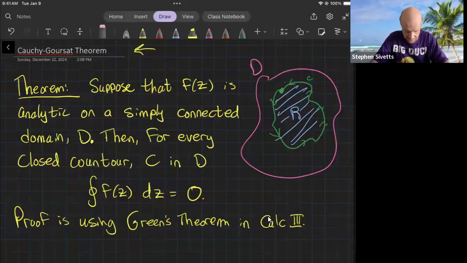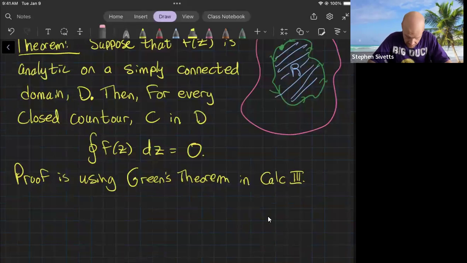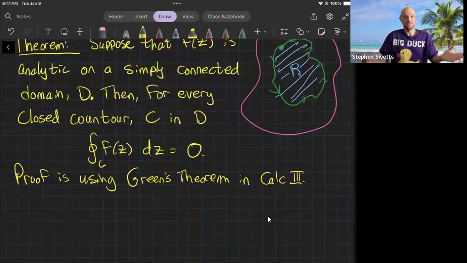That's what's called simply connected. Then for every closed contour C in D, the line integral over the closed curve C of f of z dz is equal to 0.